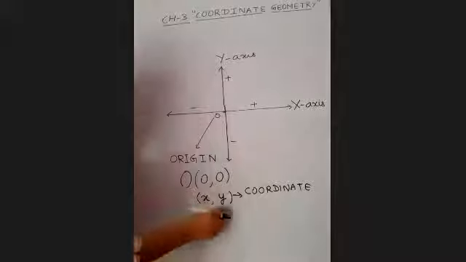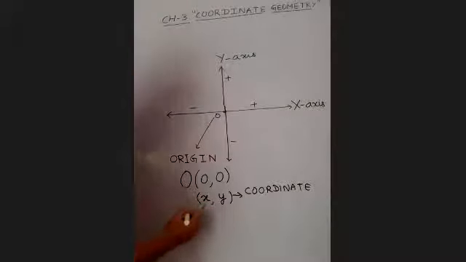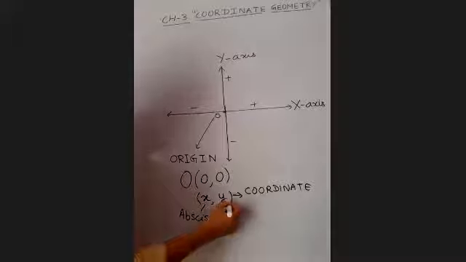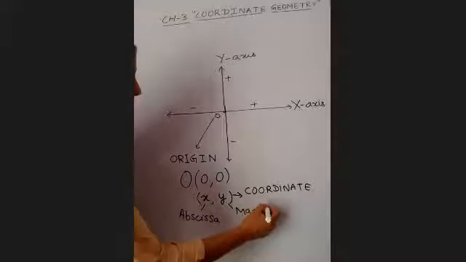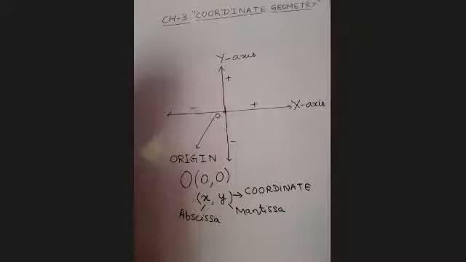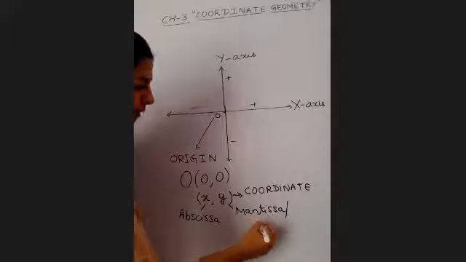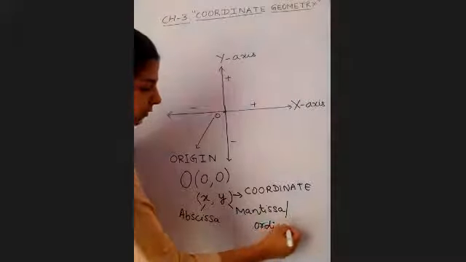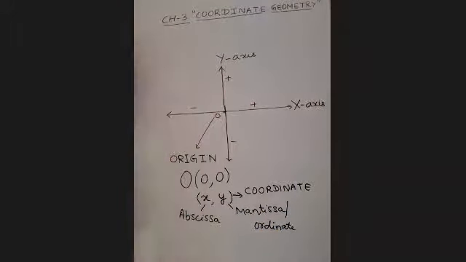And this x and y have got names. X is called Abscissa. Y is called Ordinate.